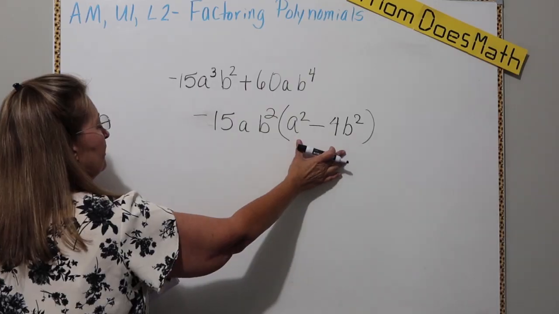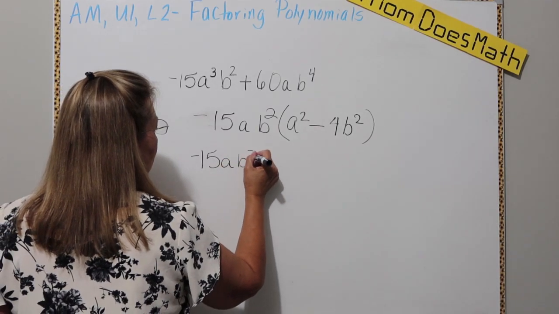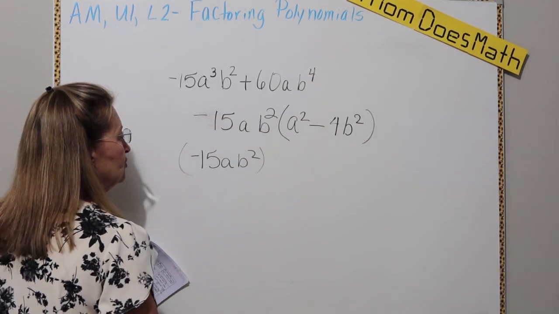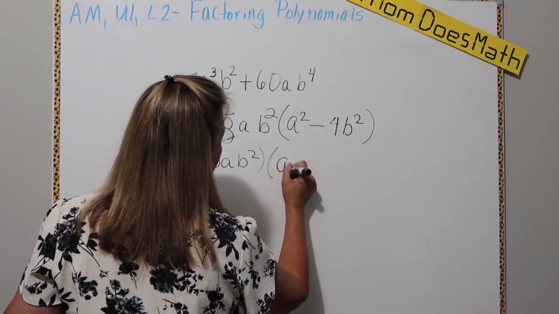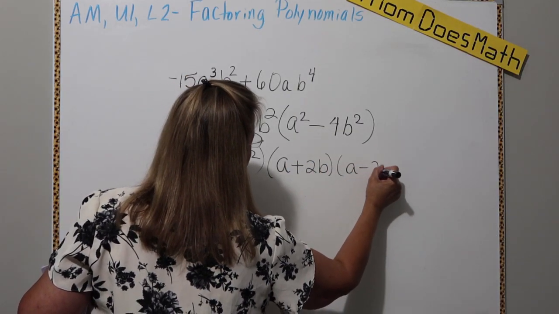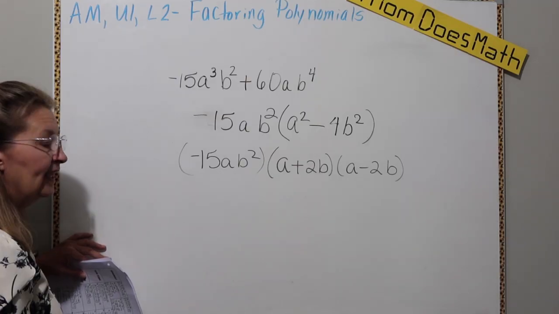Okay, now look at this one. That will factor again. So I'm going to bring that down. This is actually a difference of 2 squares, and it will factor into a plus 2b, a minus 2b. And that is all.